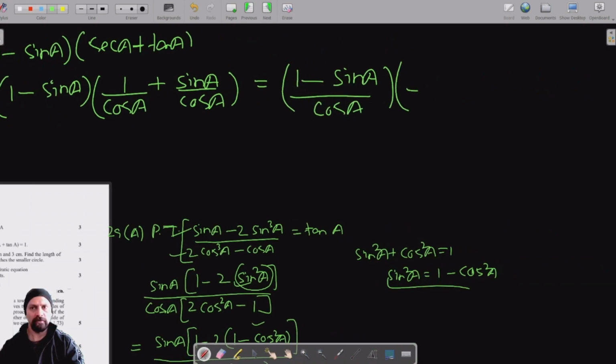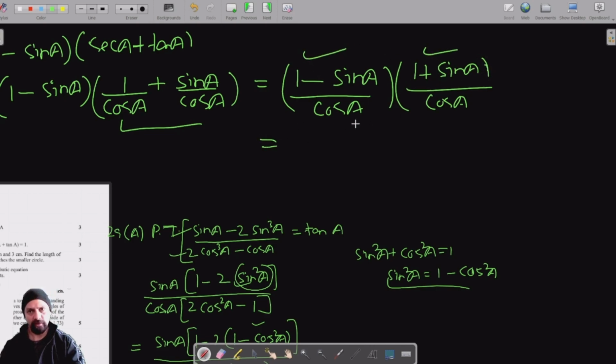Now if we take LCM cos A, this is (1 plus sin A). Now (1 minus sin A) into (1 plus sin A) is of the form A minus B into A plus B, which is A square minus B square.